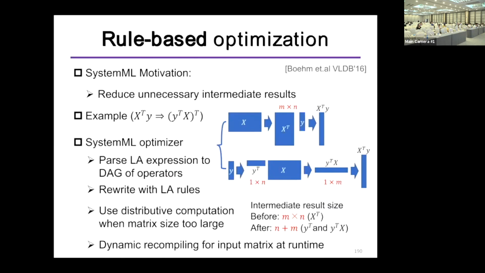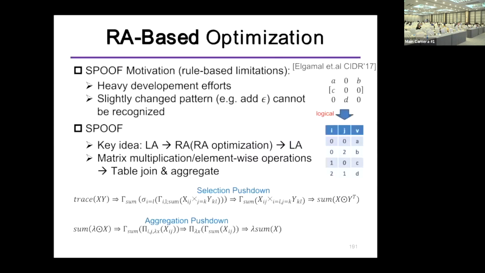So it parses the LA expressions into a DAG of operators and rewrites them with some rules. And if some matrix size is too large, we can use distributed computation, and we can dynamically compute for the input matrix at runtime. But it is a rule-based method, so it needs heavy development effort.